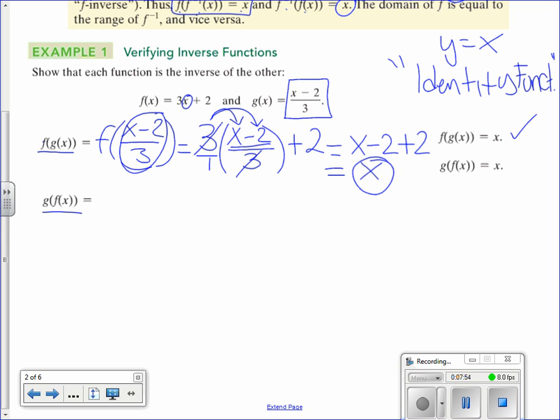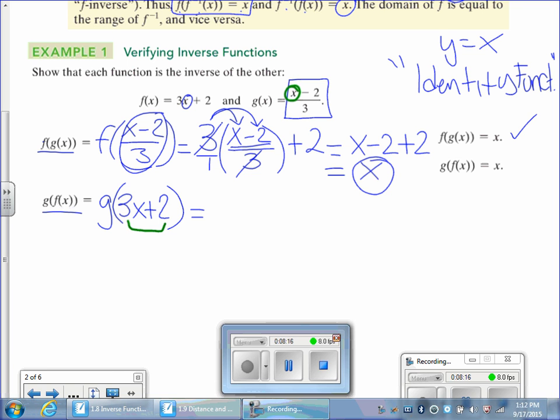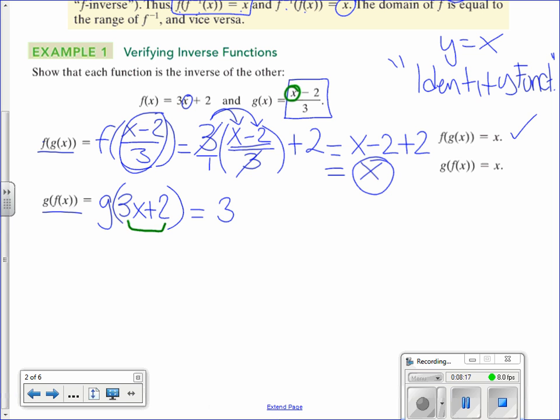So now we're going to do the next one, and that will be g composed with f. So function f is equal to 3x plus 2. And what that means is that we're going to replace 3x plus 2 for every x in g, and there's only one that is on the numerator. So we will have 3x plus 2 that is taking place of the x.